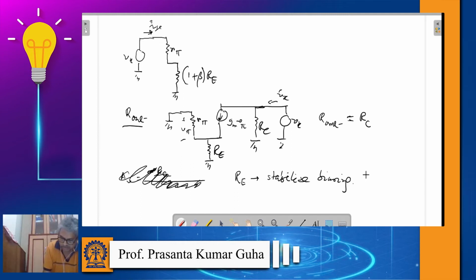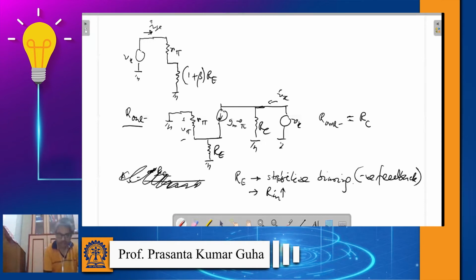Okay, first. Second is by negative feedback. This we have mentioned long ago. Okay, and other point is this RE improves Rin, and doesn't have effect on R out, right?